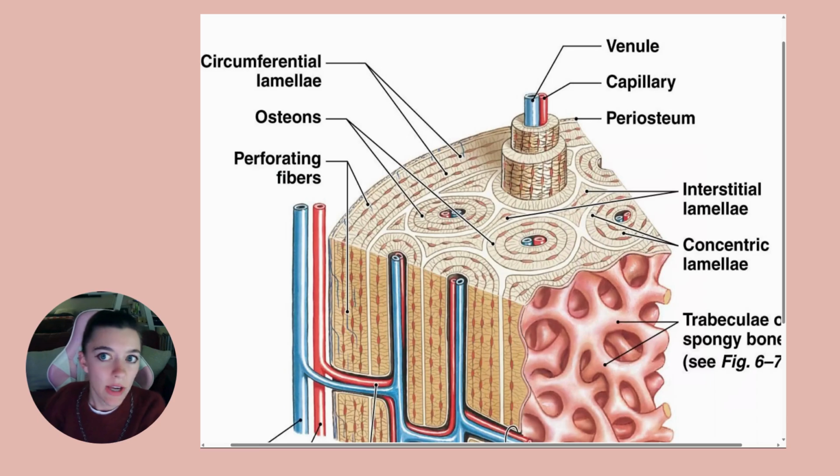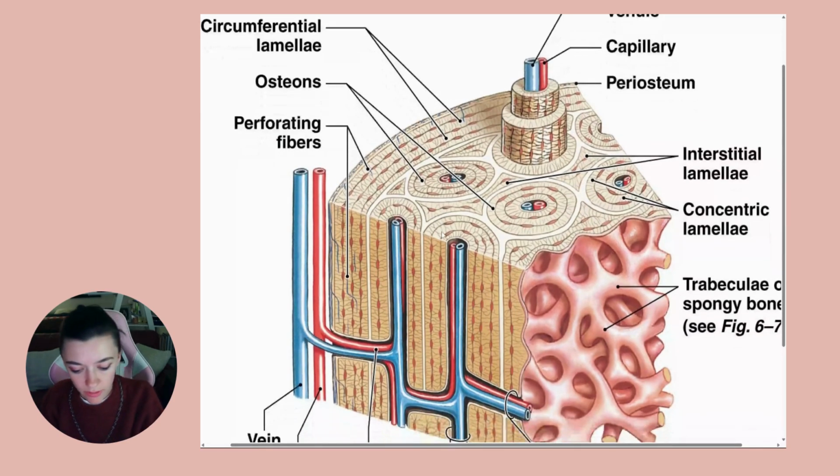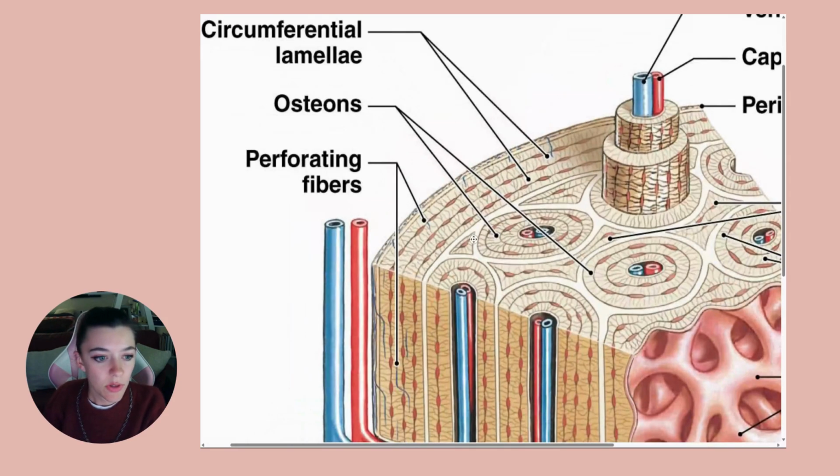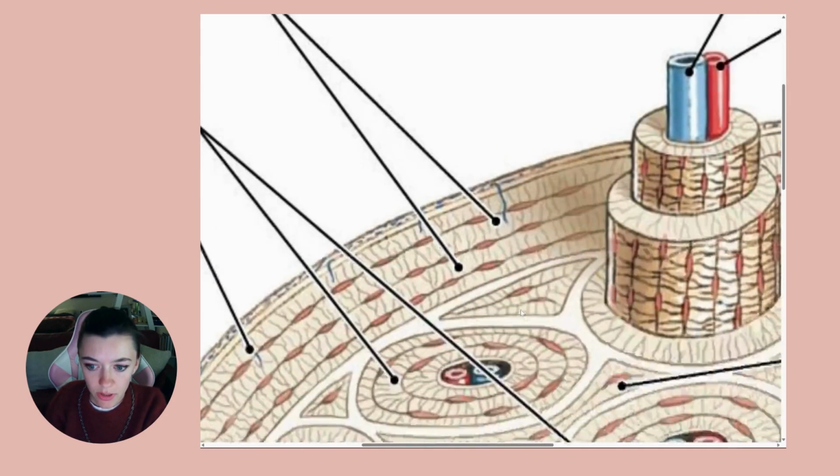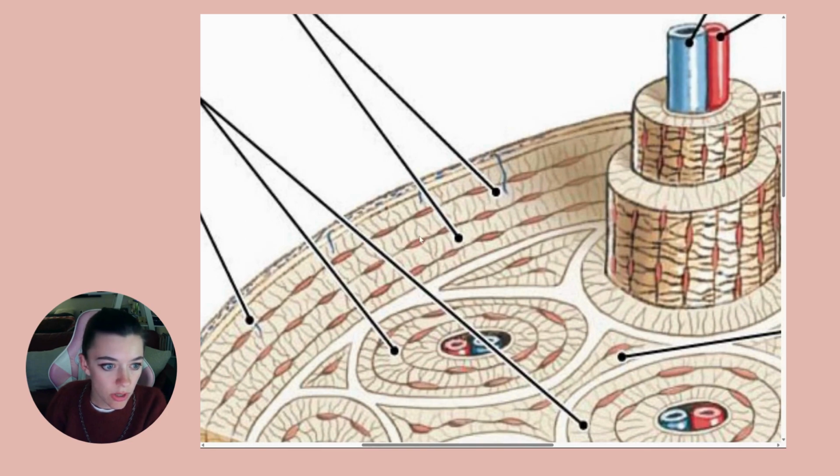Another little thing to look at here is, let me get to it so I can zoom in. If you look closely, you can see your canaliculi, which are the little lines between your lamellae and your lacunae.